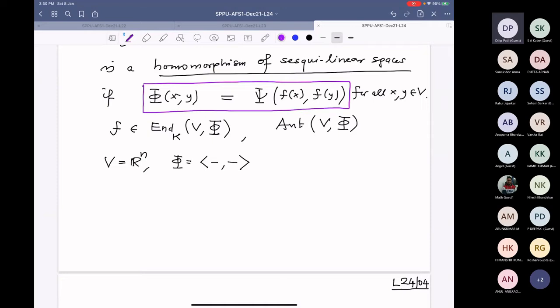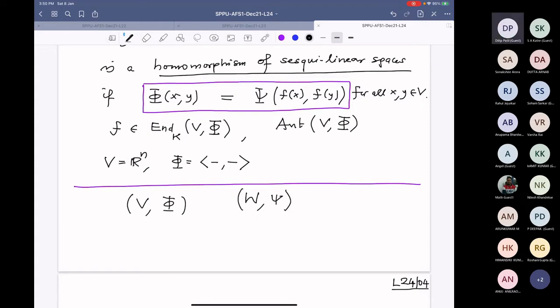Okay. All right. So there is a group attached to the sesquilinear forms. And then when do you say the two such objects, V comma phi, and W comma psi, are congruent or isomorphic? Normally the language used is congruent, if there is an isomorphism here.